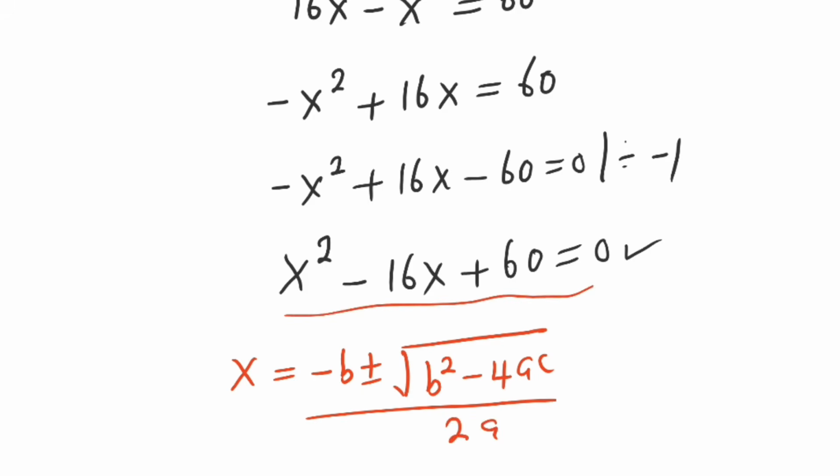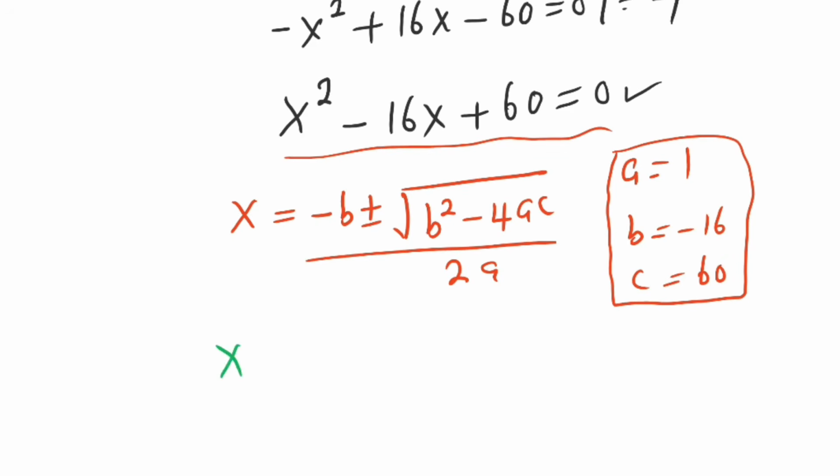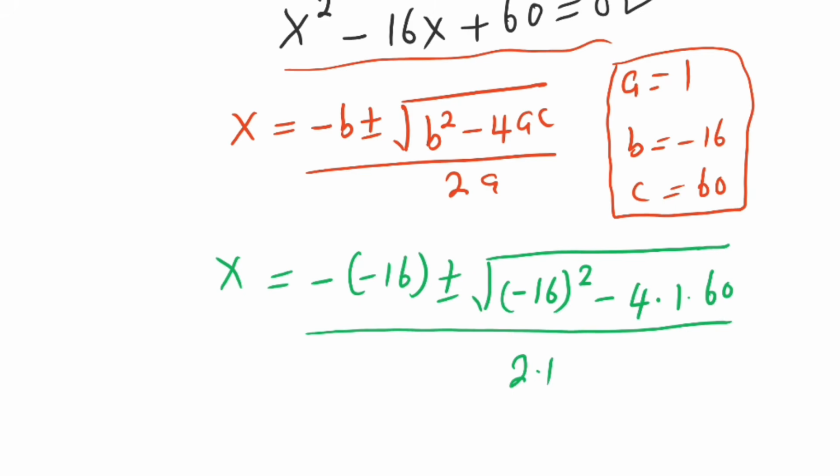Then from this equation, a is equal to 1, b is equal to minus 16, c is equal to 60. x is equal to minus bracket minus 16 plus or minus square root of minus 16 square minus 4 multiplied by 1 multiplied by 60, over 2 multiplied by 1.